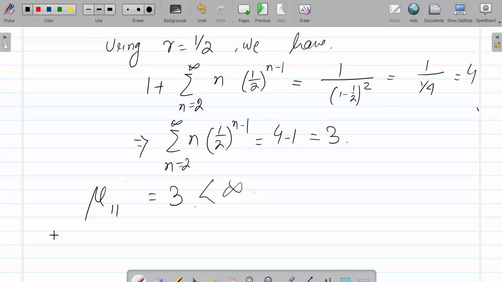So state 1 is non-null. Now to find the period of state 1.